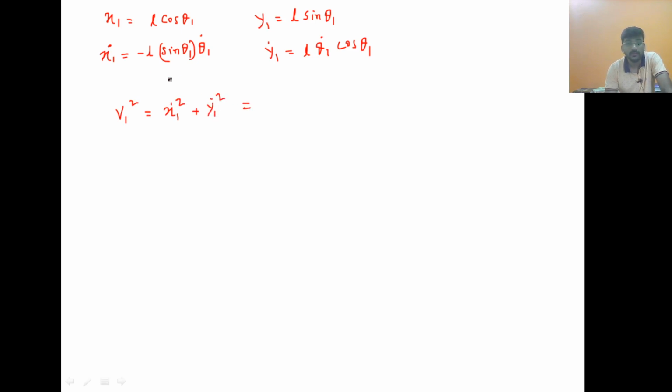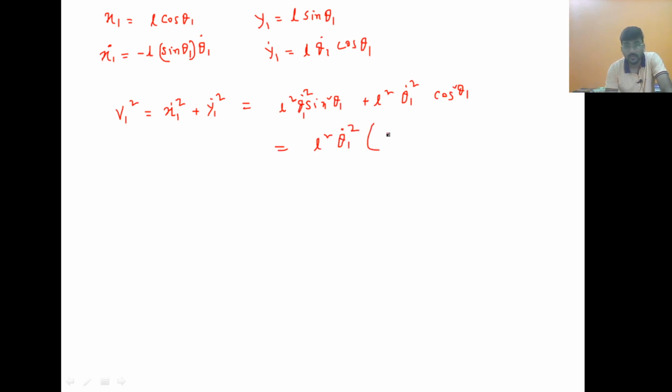So, it will be L square sin square theta 1 into theta 1 dot square plus L square theta 1 dot square into cos square theta 1. So, it will be L square theta 1 dot square common.